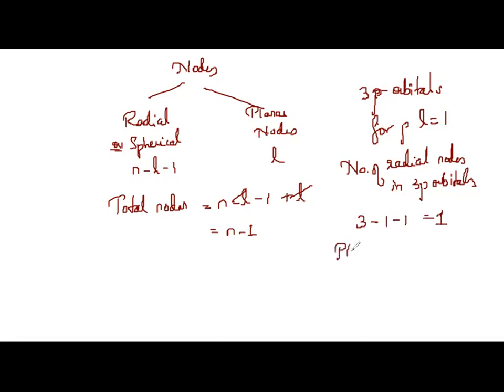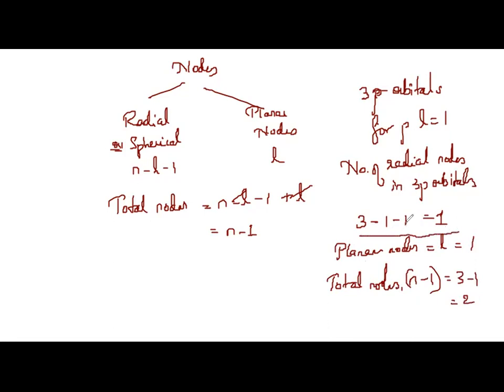What about planar node if they would have asked? Planar node is L, that is equal to 1. So total nodes, n minus 1, that is 3 minus 1, that is 2. So they have asked us radial nodes, so it is 3 minus 1 minus 1, that is 1 radial node. So 3p has 1 radial node, that is a spherical node, and one planar node.